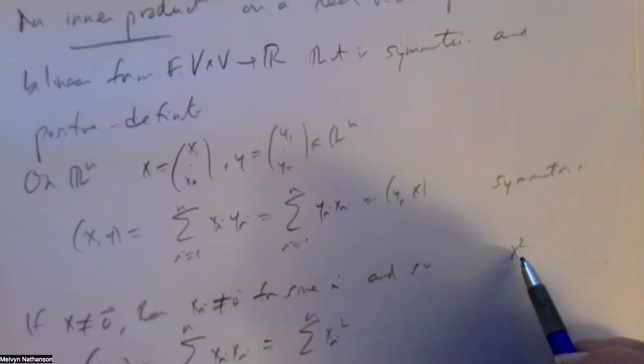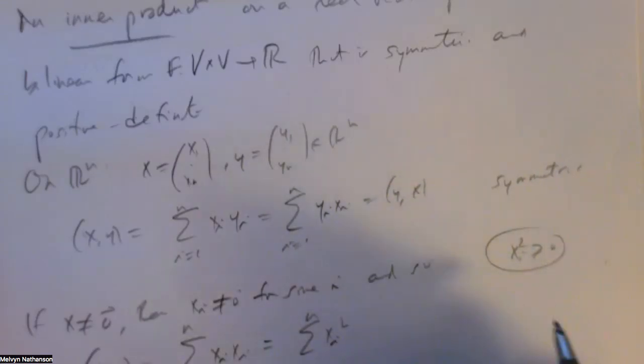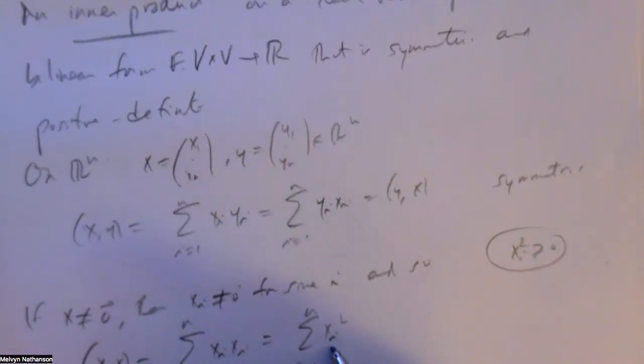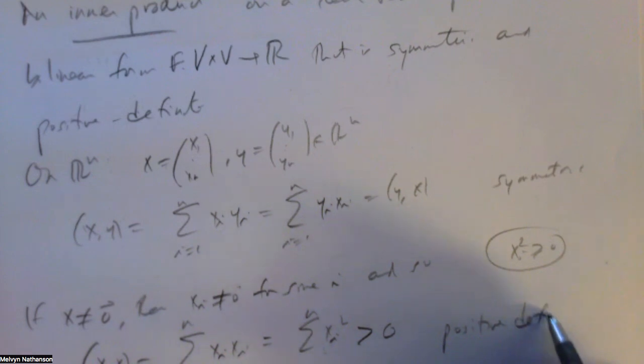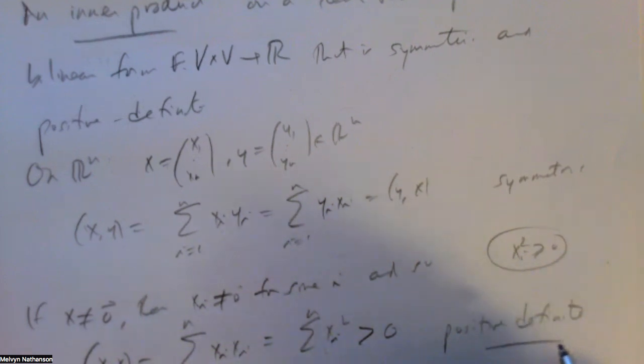And xi squared is always non-negative. So this is a sum of non-negative numbers. And if at least one coordinate is different from 0, so at least one of these numbers is strictly positive, so this is positive. So this proves that the standard inner product is positive definite.